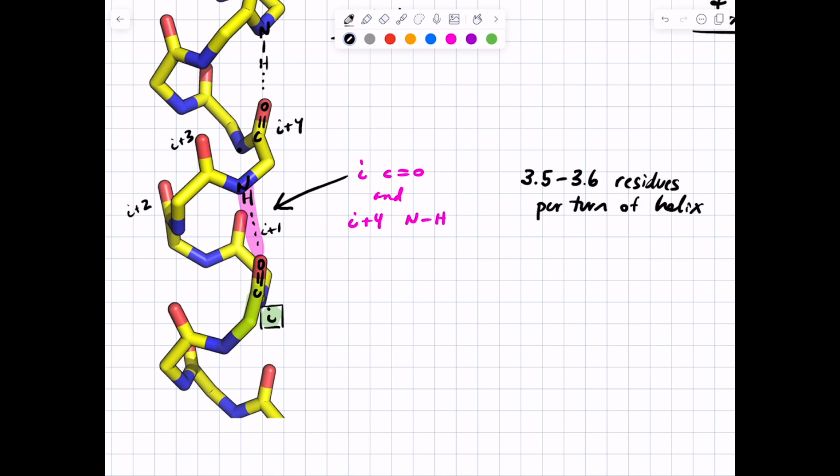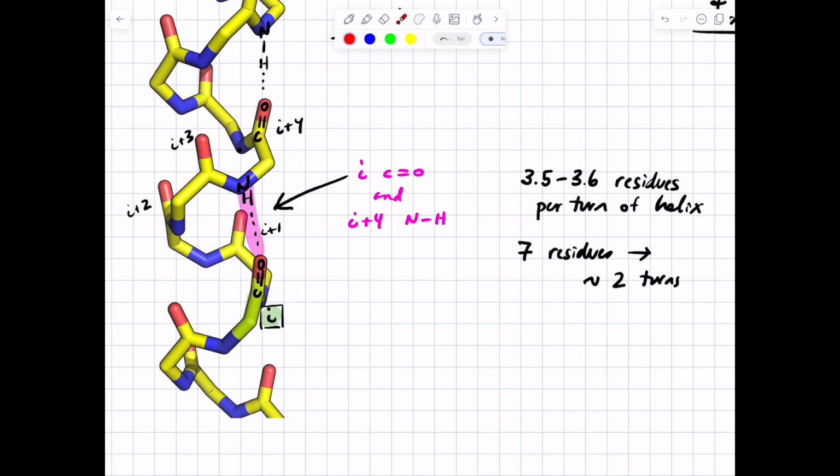Meaning that every 7 spaces or amino acids, you go through about 2 turns of the helix. Okay? And we could count, but there's 1 turn and there's another. So by the time you go through 2 turns, you basically track through 7 amino acids in sequence.